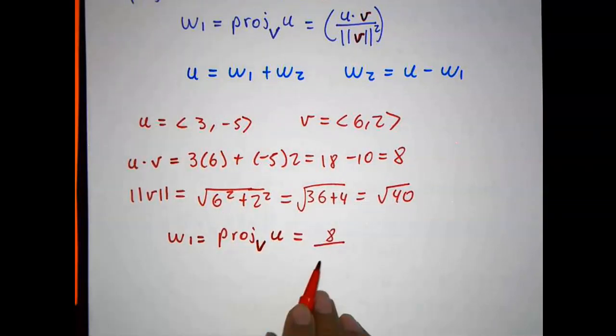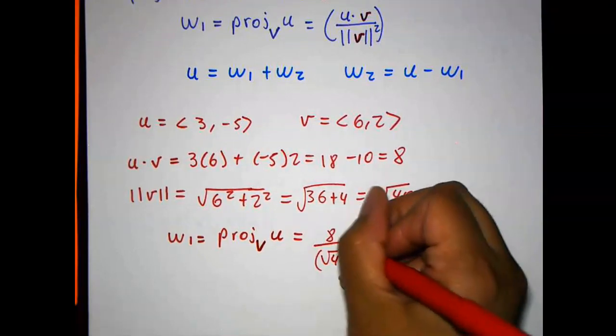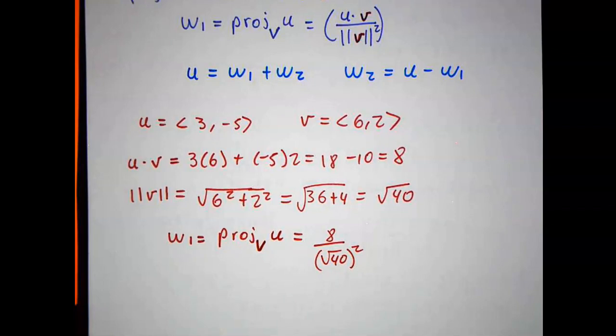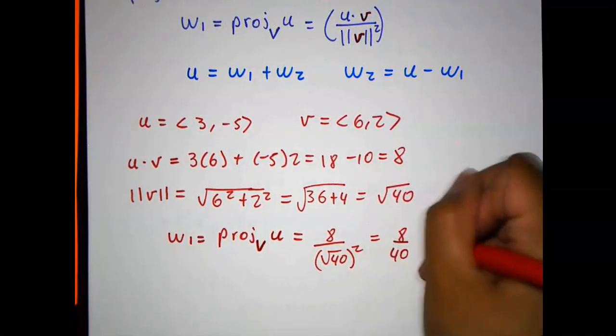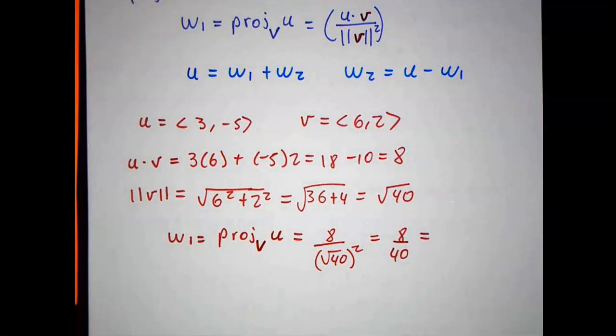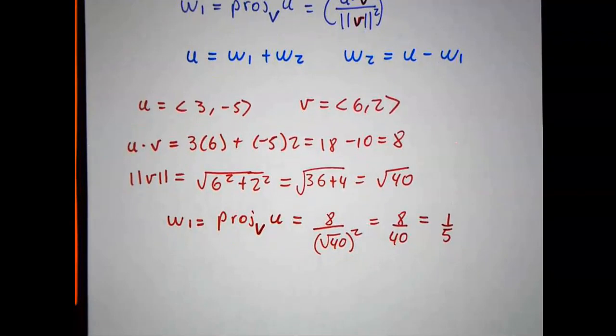And so we have the square root of 40, but this is squared, so this simplifies too. Can I simplify my fraction? 8 over 40? By 8, right? What would that be? 1 over 5. Okay, so that was W1.